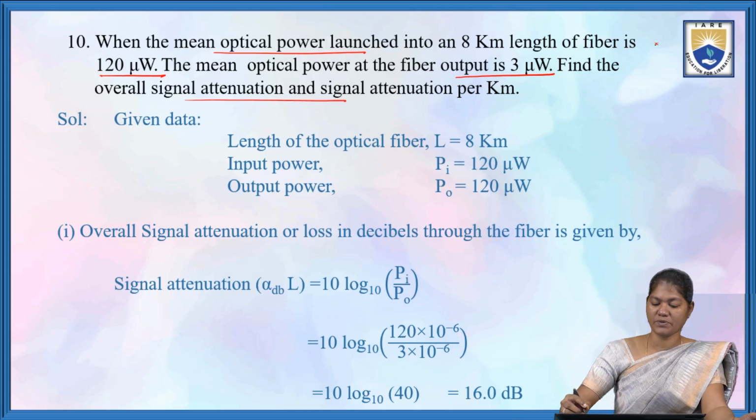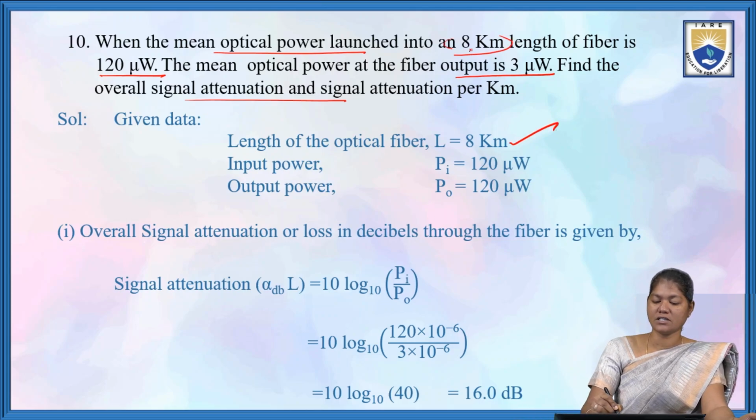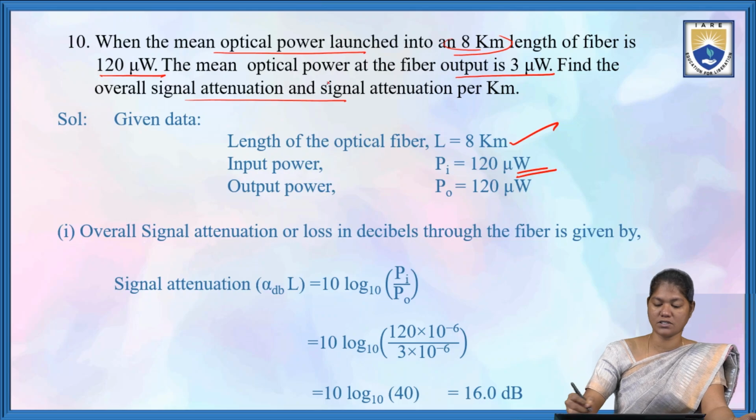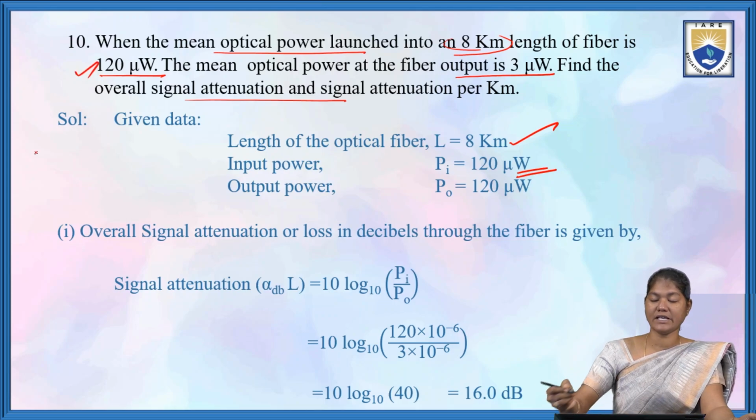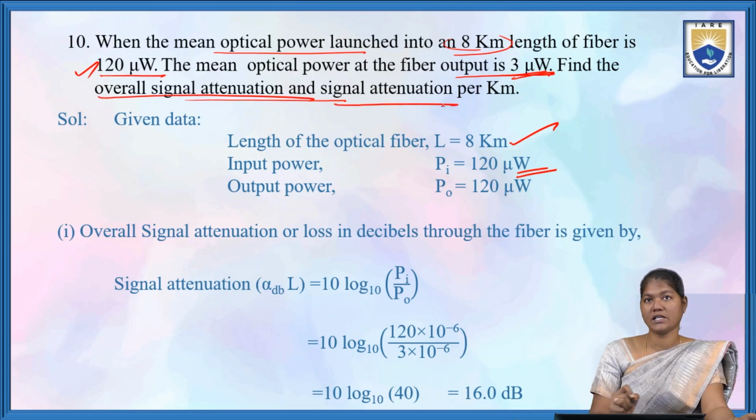So in this problem, the given data is the length of the optical fiber, 8 kilometers, the input power is 120 microwatts, and the output power is 3 microwatts. So we need to calculate the overall signal attenuation and also the signal attenuation per kilometer.